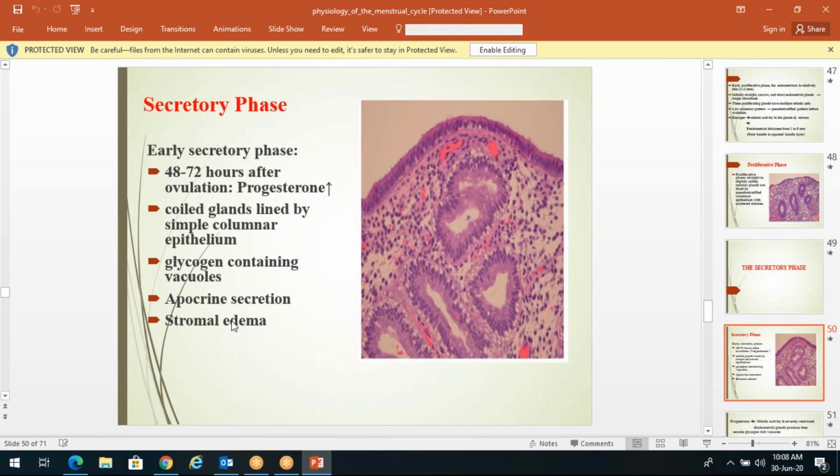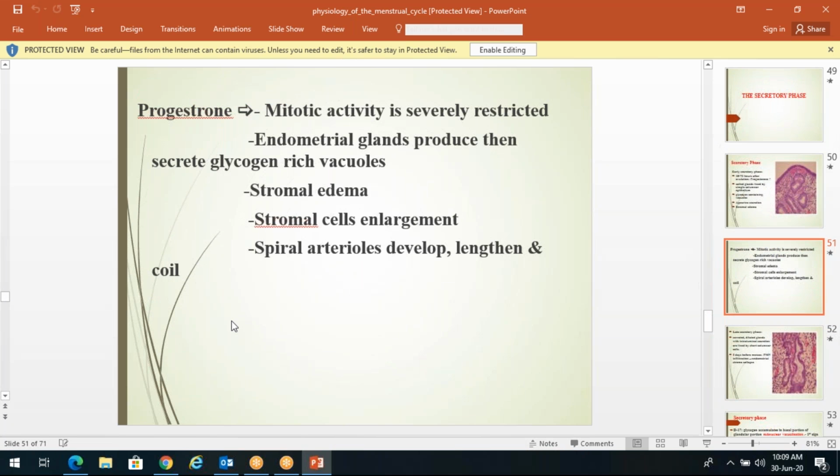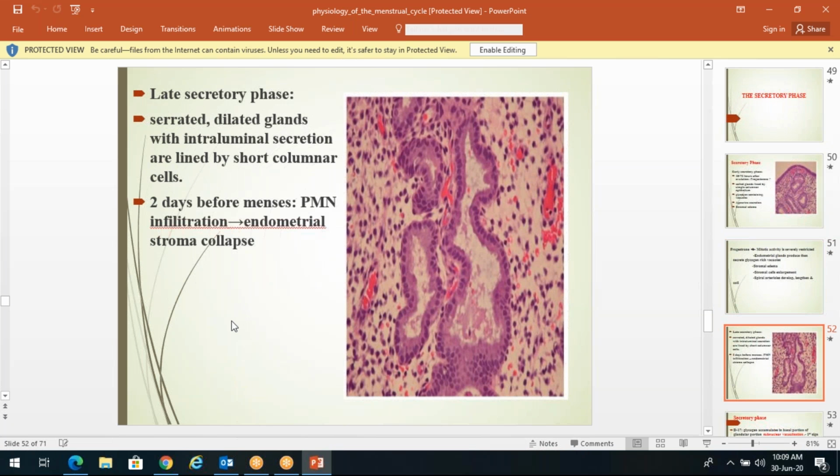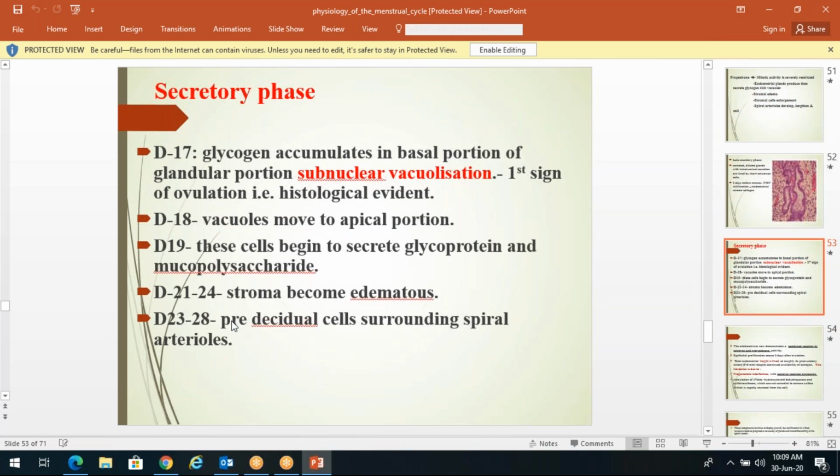So what happens in the secretory phase? The glands become coiled and they are lined by simple columnar epithelium, and there will be glycogen present within the vacuoles, and there will be stromal edema in the secretory phase. On day 17, as I discussed earlier, glycogen accumulates in the basal portion.